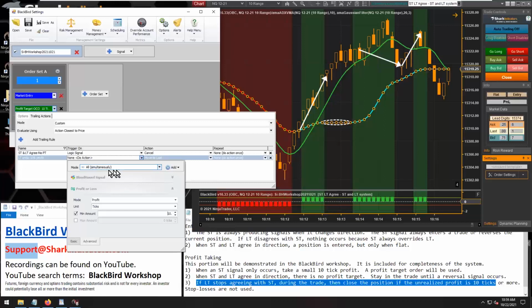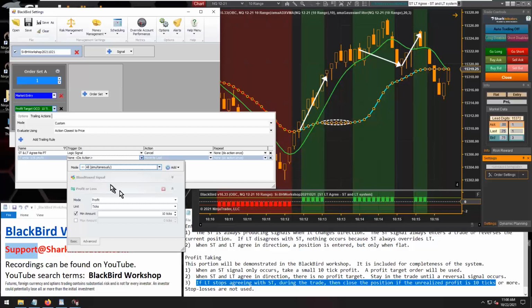And let's see here, the mode is simultaneously, right? Because there needs to be no BloodHound signal from this logic template, and at the same time, on the bars where there's no signal, we also need that 10 ticks of profit together.